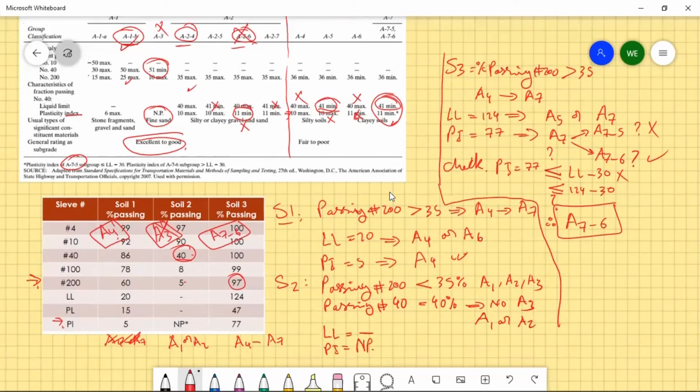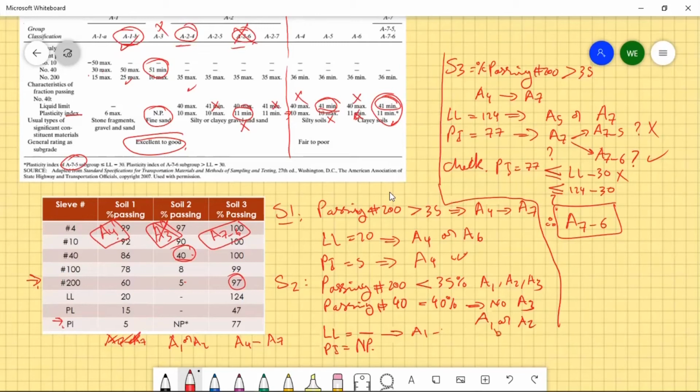So here, as we can see, based on the liquid limit, it's either A2-4 or A2-6, or A1-B, and here actually it's also A1-B or A2.